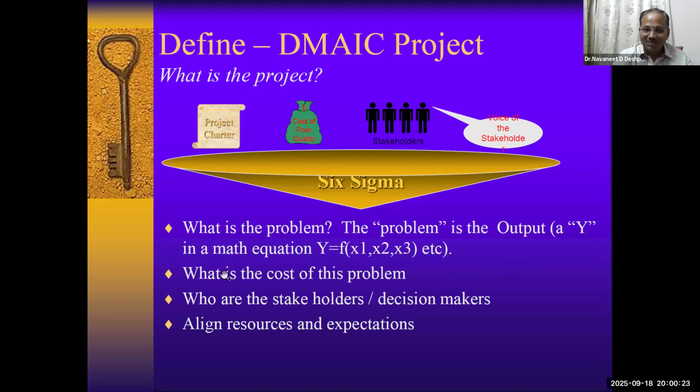So in this DMAIC, what is the cost of this problem actually? How much loss is happening on a day-to-day basis just because of a few mistakes which we can overcome easily? So who are the stakeholders and decision makers? Who are those powerful people running this organization? Sometimes it could be the finance people who are running it. Sometimes it could be the IT people who are doing a lot of the job.